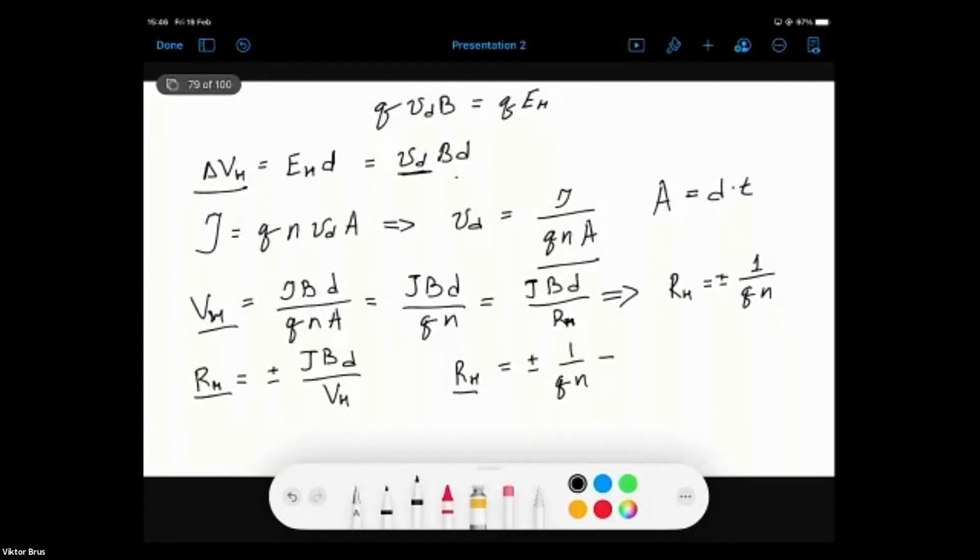So from here, we can easily determine the concentration of charge carriers. And that will be N equal 1 over Q times RH, times the Hall coefficient. And if we have negative charge carriers, then it will be negative Q and negative RH.